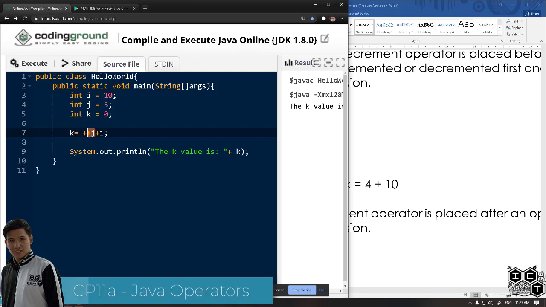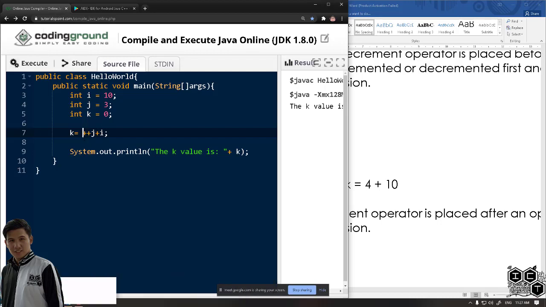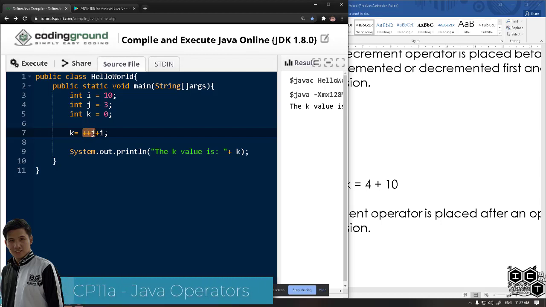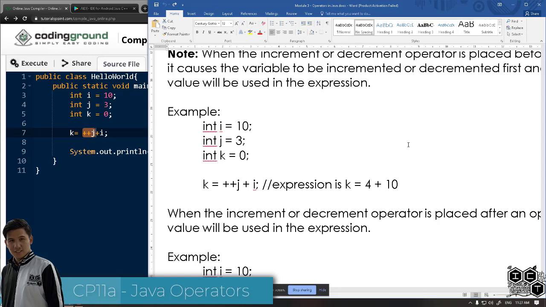Okay, anong ibig sabihin ngayon ni plus plus j? Ibig sabihin yan, you are simply adding 1 before the value of j, which is 3. So, automatic, magiging 4 na yan. Plus the value of I, which is 10. As simple as that. Kaya nga siya naging 14.